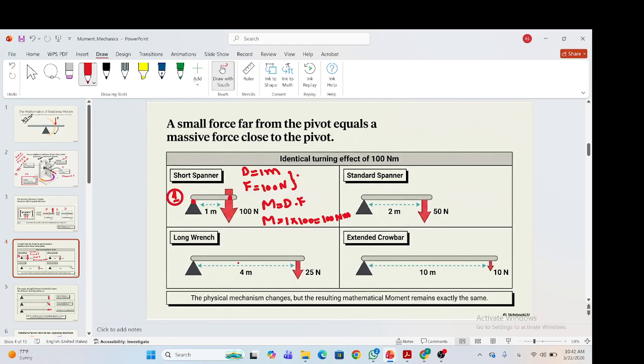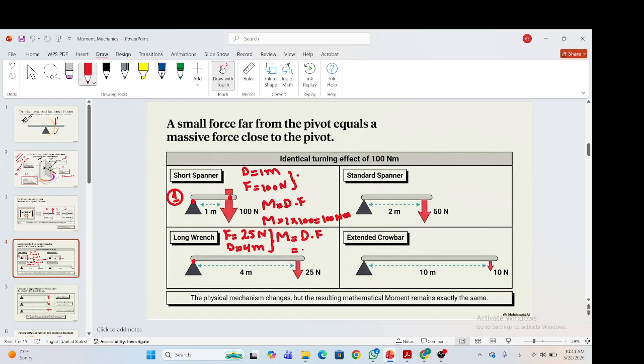In this question, for example, you are having a wrench. You are going to open a nut, and we have here 25 newtons. So the force will be 25 newtons. And how much is the distance? Distance is 4 meters. Now let's count moment. Moment is equal to distance times force.